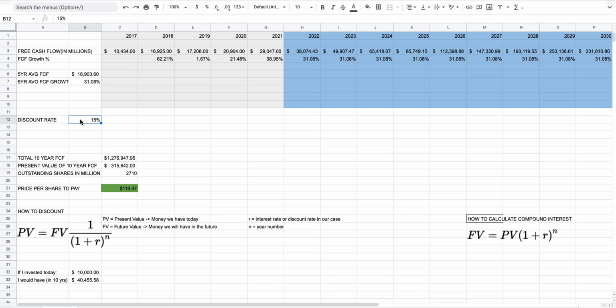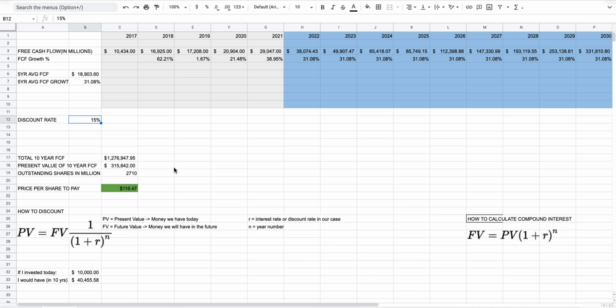But if we are strictly calculating the company making a 31% increase of free cash flow every year for the next 10 years, and we discount that at 15% a year and go back to today to see how much we're going to be making in present value, then per share we want to be paying $116 today in order to enjoy this appreciation of 15% of our money.